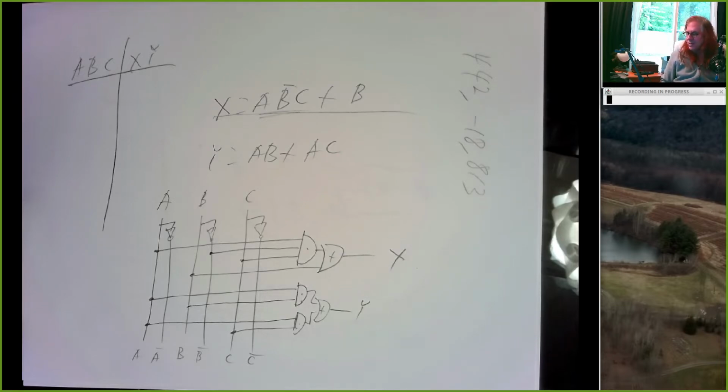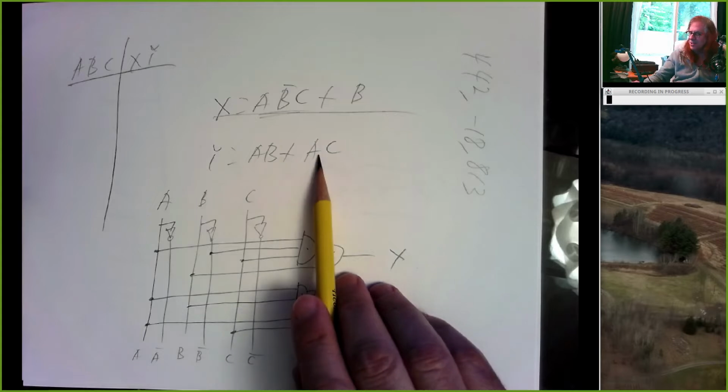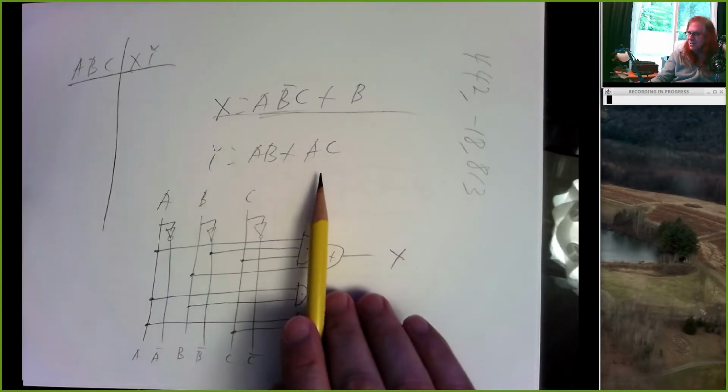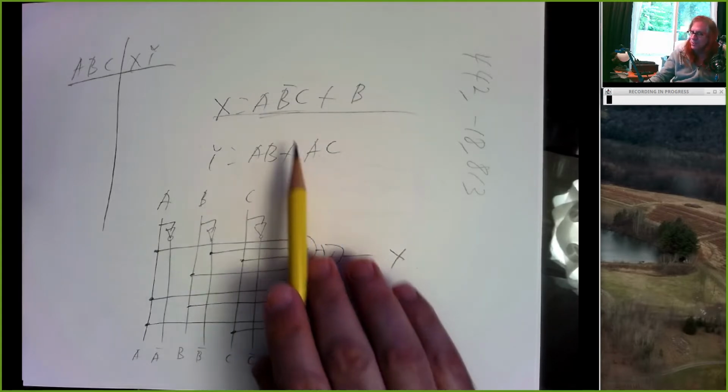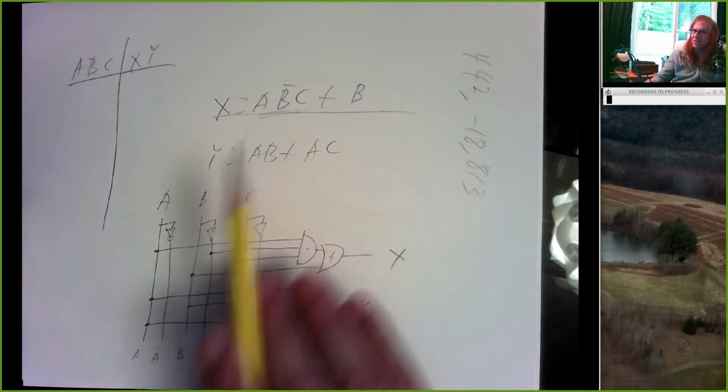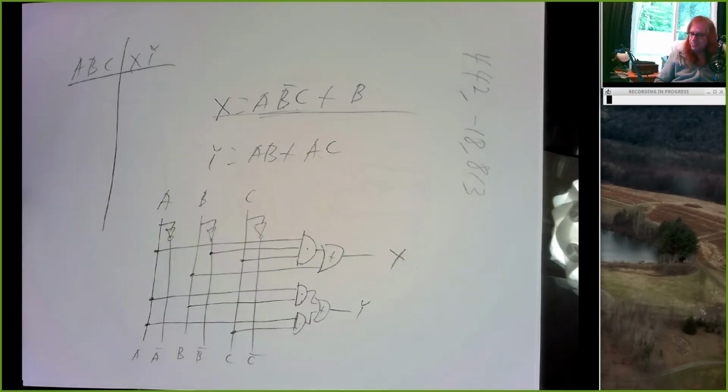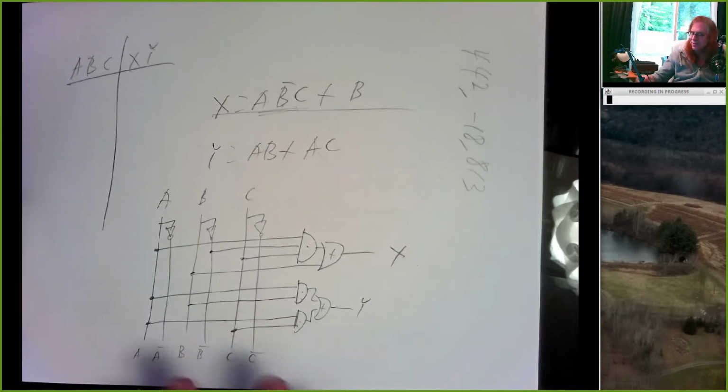Now, I might, see there's an AC here and an AC here, and I might generate that and run this into an OR gate and run this into an AND with B not. And that might end up using fewer gates or something, but this is a very mechanical way to go from an equation to a circuit, and it's a very easy way to error check.